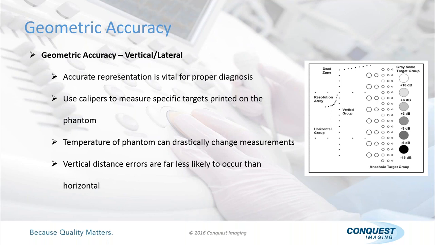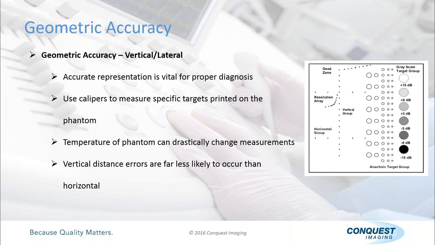One note is, I mentioned earlier, I kept my Phantom in the trunk, 120 degrees in Phoenix versus 30 degrees in Flagstaff. The temperature of the Phantom can drastically change your measurements because it changes the speed of sound in the materials it's traveling through.